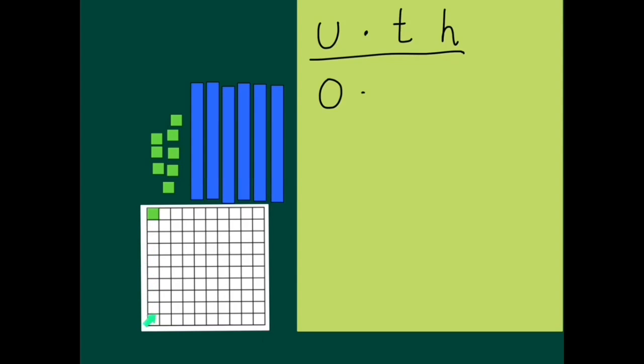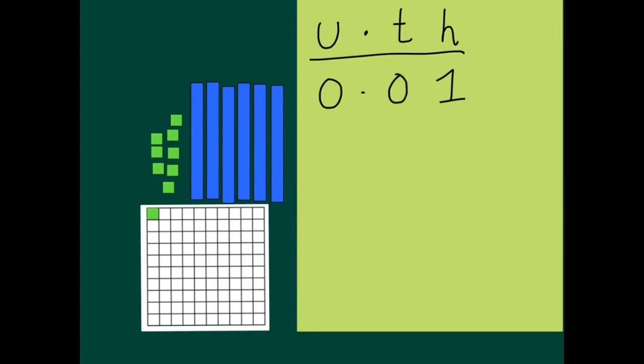I don't have any tenths. So again, I need to put a 0. How many hundredths do I have? Well, I have 1 of them. So in my new column, my hundredths column, I'm going to put a 1.